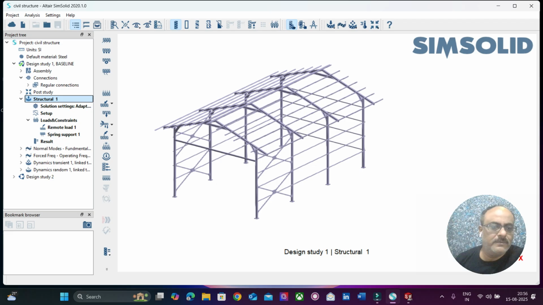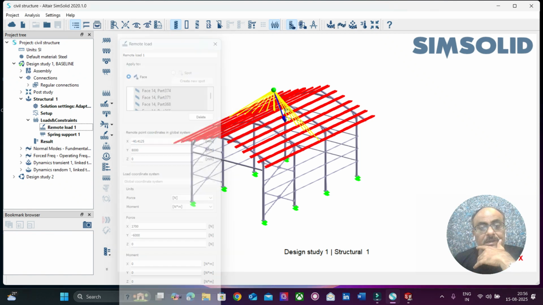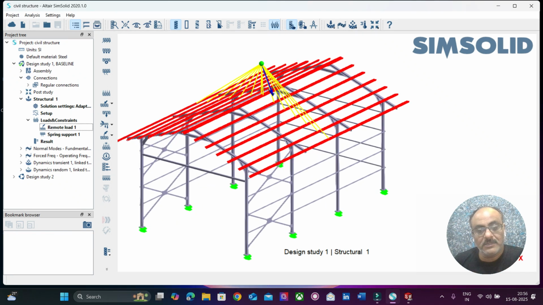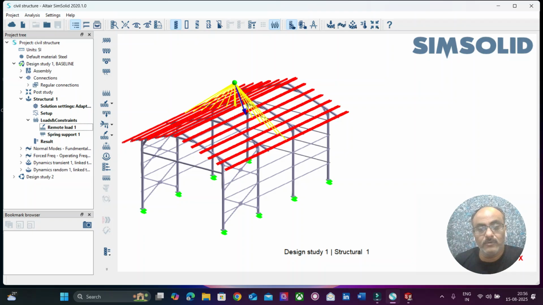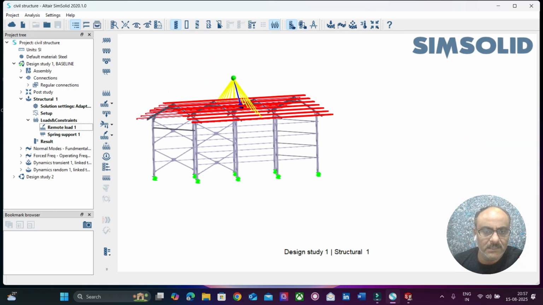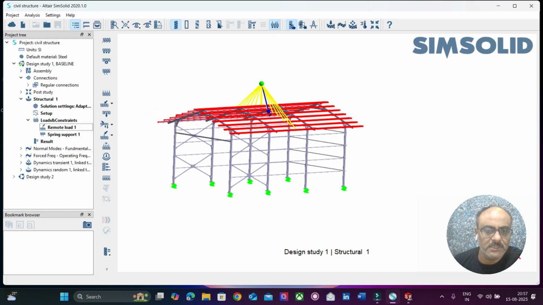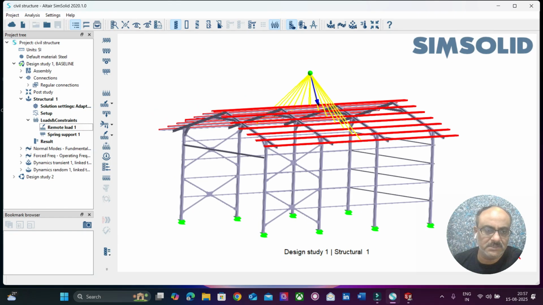Now we are applying a certain remote load to the structure, a certain force on the members. So these are all the tubular members, and on the tube we are applying a certain load, and the load is applied remotely. From a certain height, there is a load which is getting equally distributed on all the members.